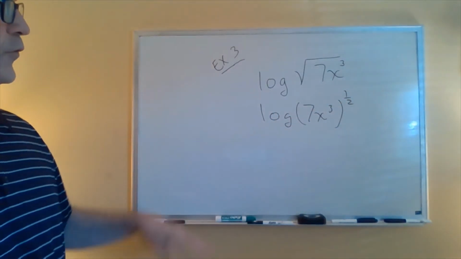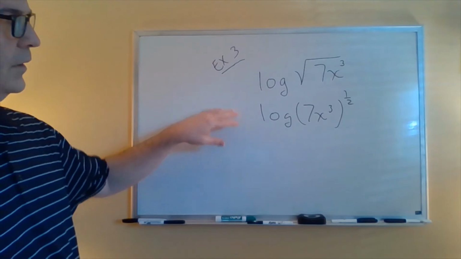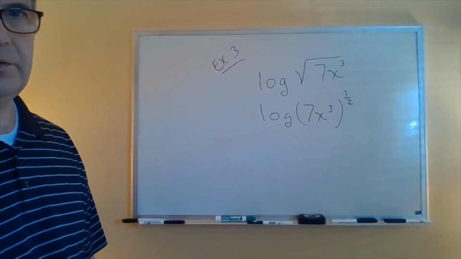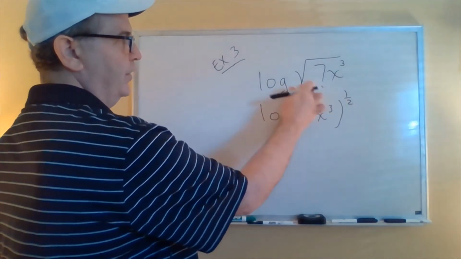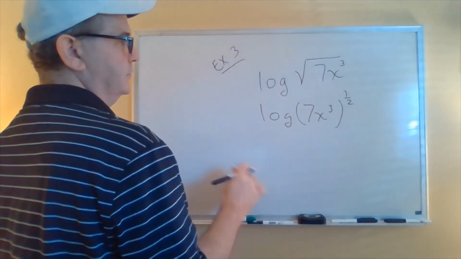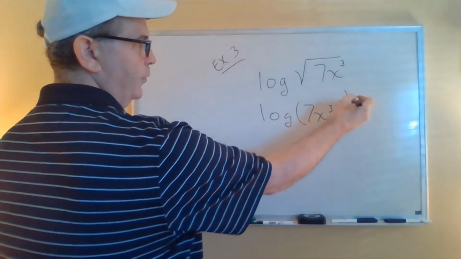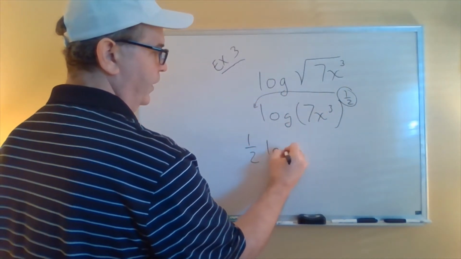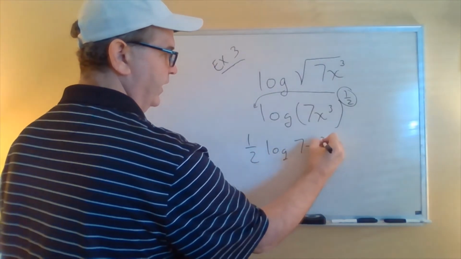So hopefully you remember from Algebra 1 that when we were taking a square root of something, that is raising it to the 1/2 power. So fractional exponents end up with a radical sign. So now we can pull this 1/2 out front. We're going to end up with 1/2 times the log of 7x cubed.